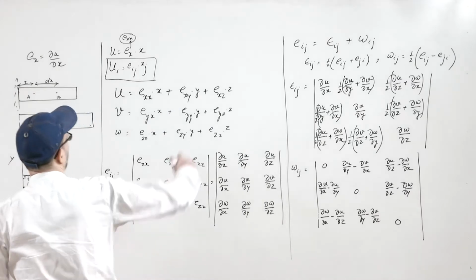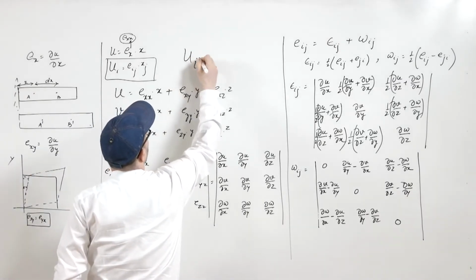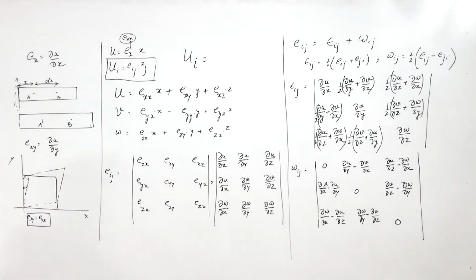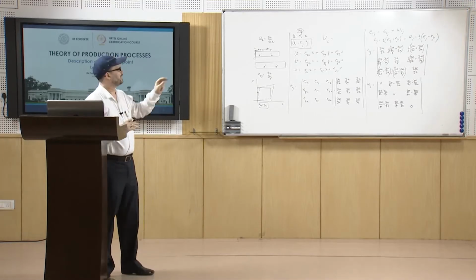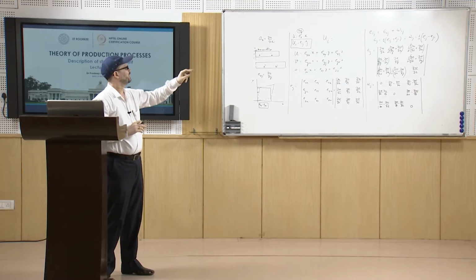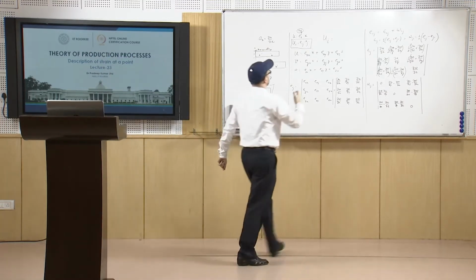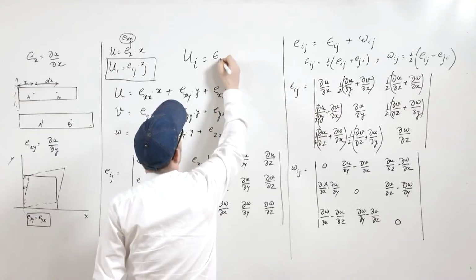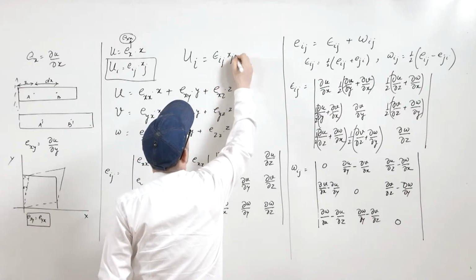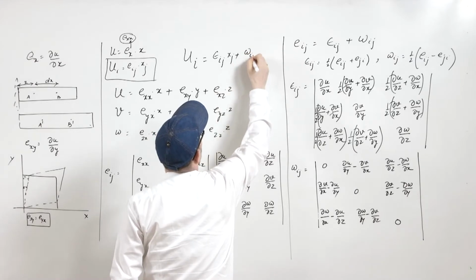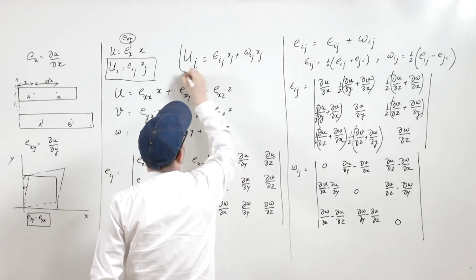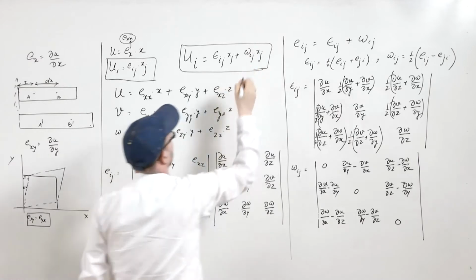So you can write ui as Eij xj, so you have epsilon ij into xj plus omega ij into xj. So that's what you get from here.